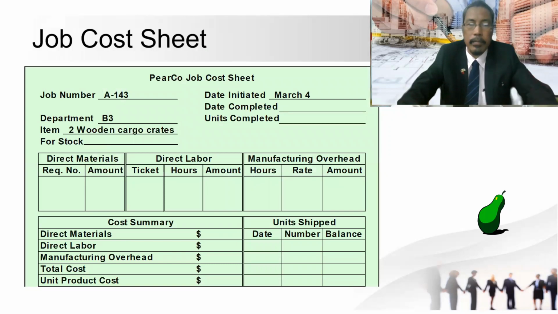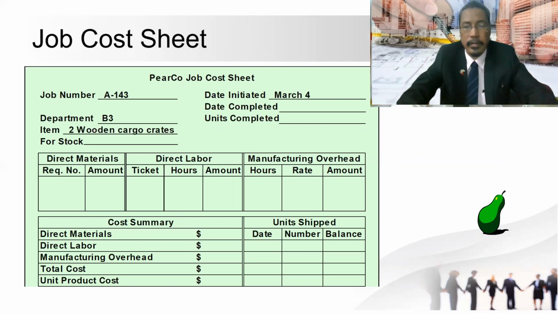So we have the job cost sheet. For example, a job cost sheet for a company or corporation. You have the job number, date initiated, the date the job is started, and date completed, the date the job is finished.